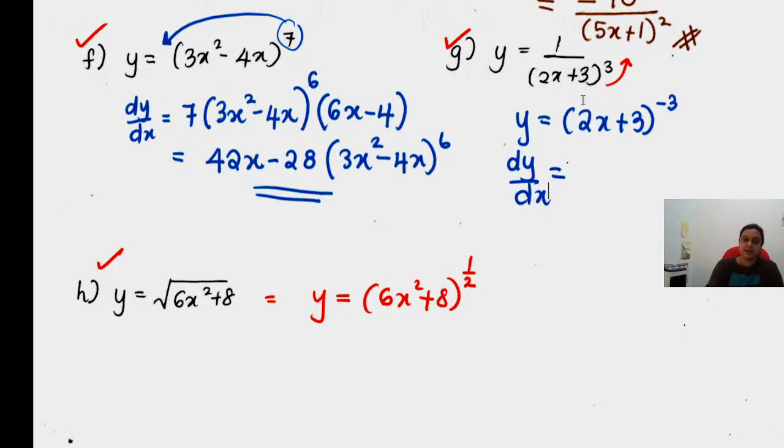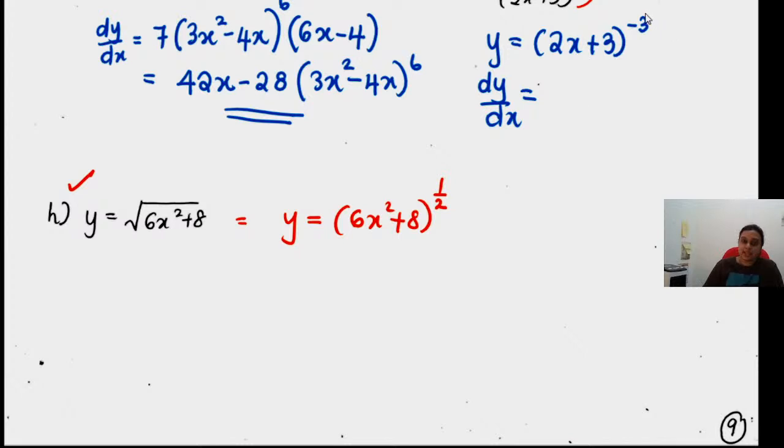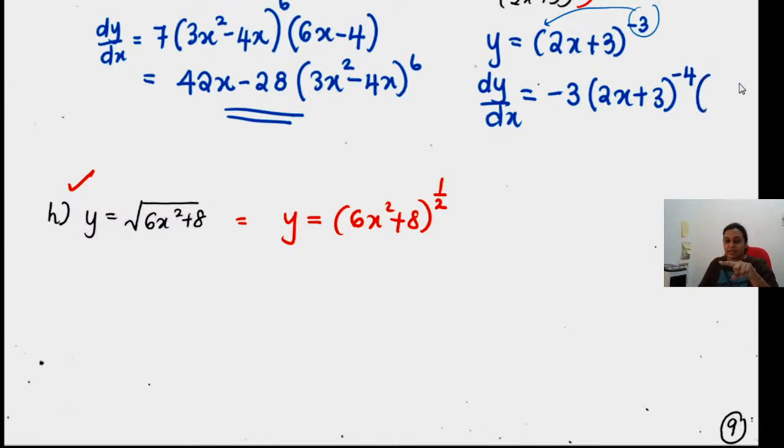Negative 3 will jump to the front, so it will become negative 3. Copy the bracket, 2x plus 3. Negative 3 minus 1 is negative 4. Then differentiate what is inside the bracket. When you differentiate what is inside the bracket, you will get only 2.